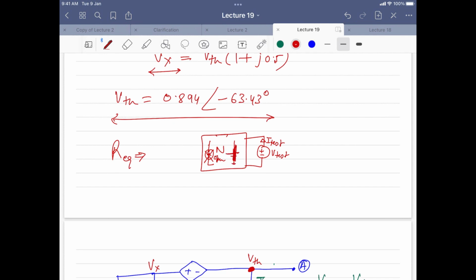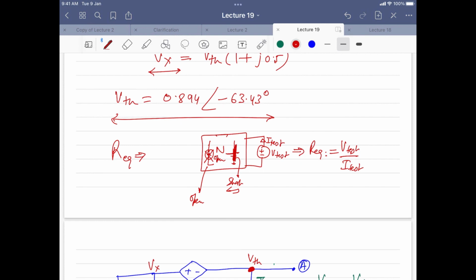So voltage sources will be shorted and current sources will be open, and then you have V test, I test, and from here you calculate R equivalent. This is the first way of doing it. Remember it or not?